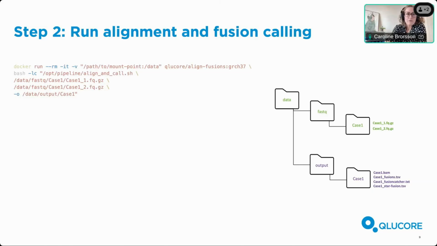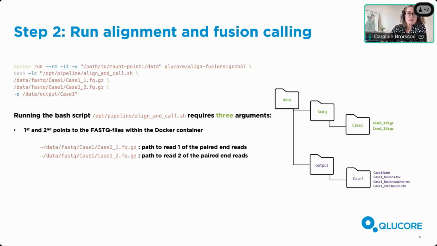Again, if you haven't already, you should start the Docker container as we did in the previous slide, and then run the bash script align and call. And it requires 3 arguments. The first and second point to the FASTQ files within the Docker container, which is located in the folder data, FASTQ case 1, and then we have the first, the read 1 of the paired end reads, and the second argument is the read 2 of the FASTQ.